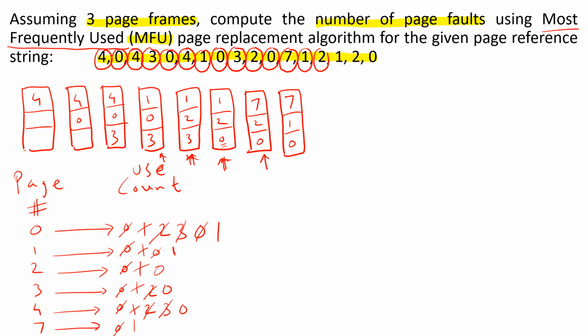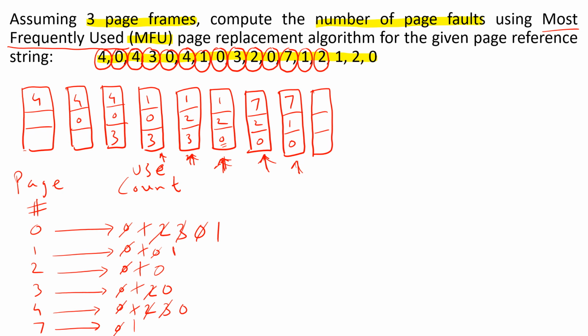Now we again need a 2. We have 7 1 0, so there will be a page fault again, right? Out of 7 1 0, 1 just came, right? Then 7 came over here, 2 came over here, 1 came over here, and 0 came over here.